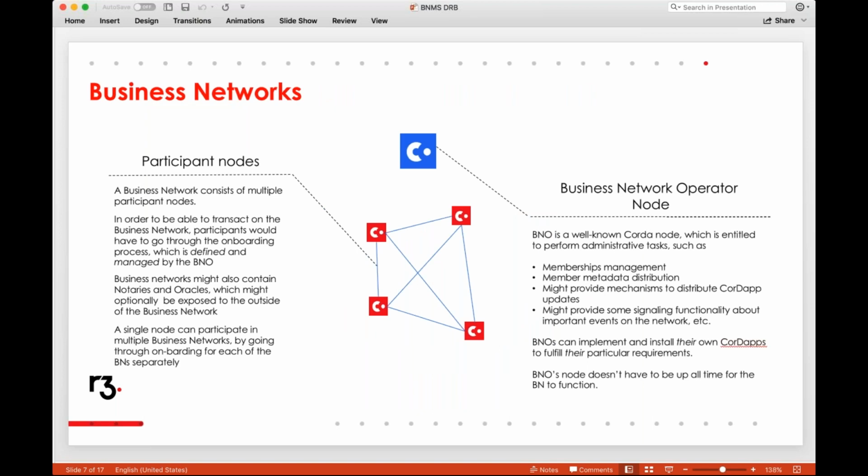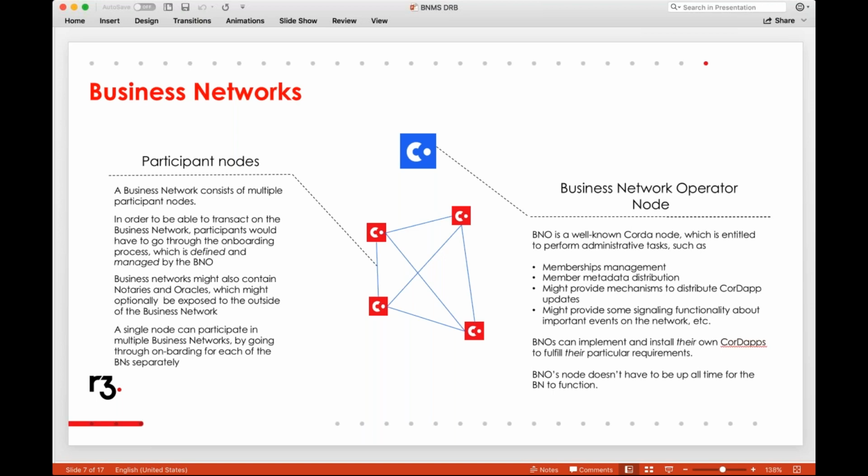Right. So thanks, Richard. One more concept which I'd like to introduce before we start with the application design is the concept of the business network operator node. Similar to the compatibility zone, where we have a number of services, for example, the network map for the address discovery, and the identity service for the certificate authority, in the business network we have a concept of the business network operator node.